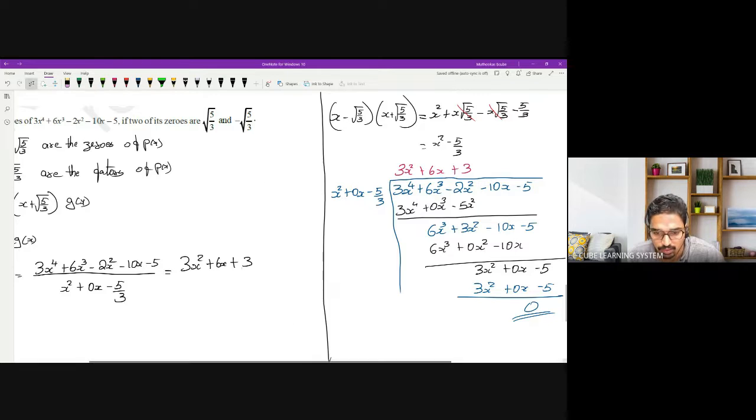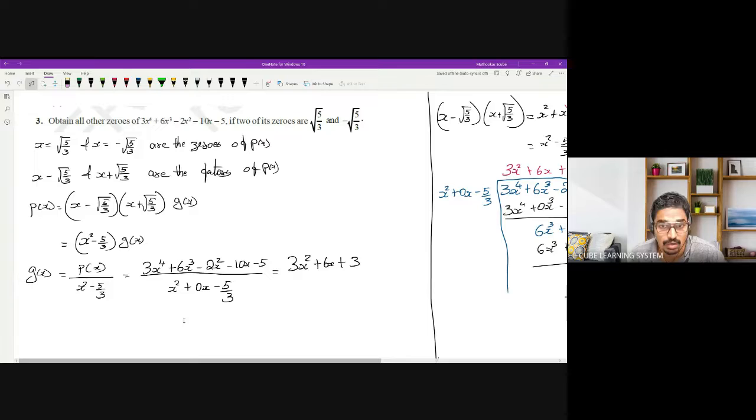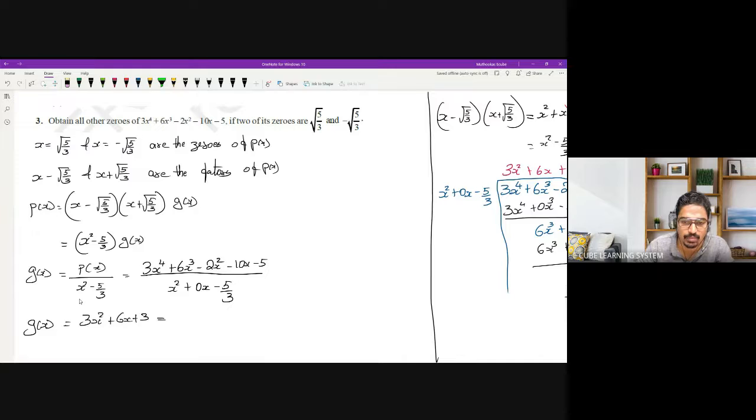Okay. Sir, next question. Fifth one in that exercise. G of x equal 3x square plus 6x plus 3. Should apply factorization and find out the factors. By splitting the middle term, we can find the factors.